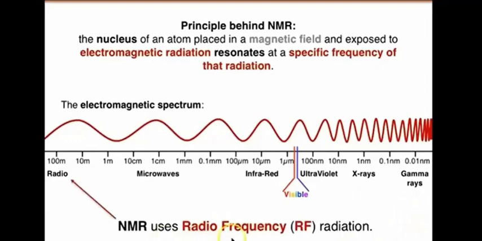Nuclear magnetic imaging, MRI, which is used in medical science, has similar principles in which radio waves are used, and big heavy magnets are used to determine the image of any particular disease, which is identified by this NMR technique.